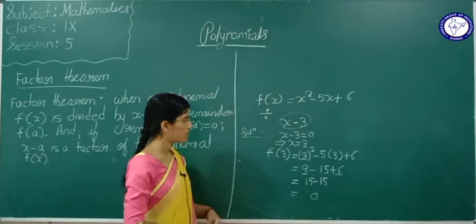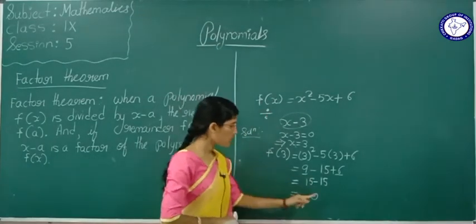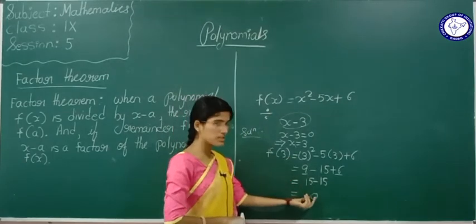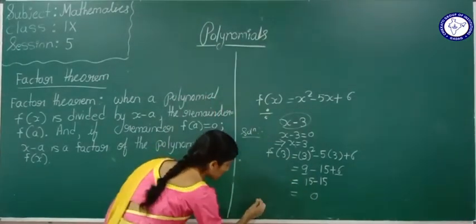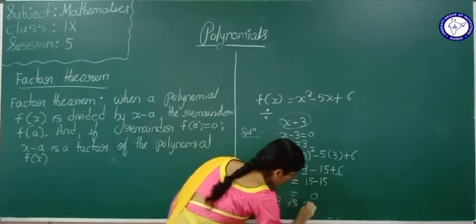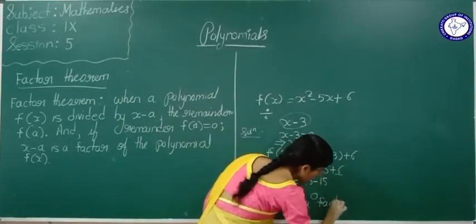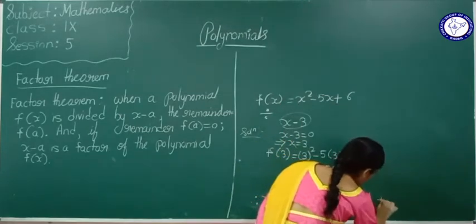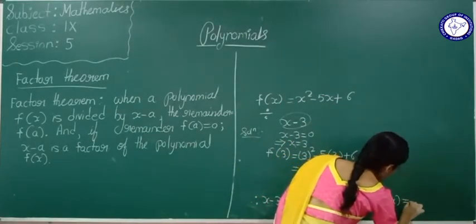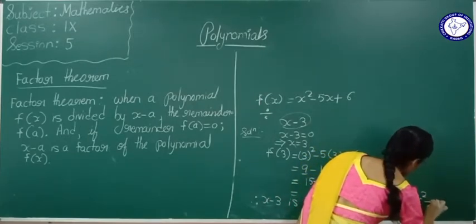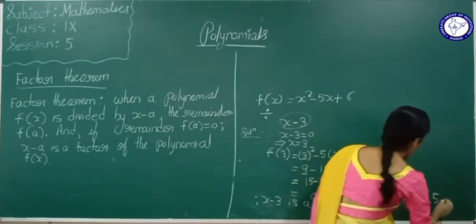Okay, now see here. If you got remainder 0, we can tell that therefore x minus 3 is a factor of f of x is equal to x square minus 5x plus 6.